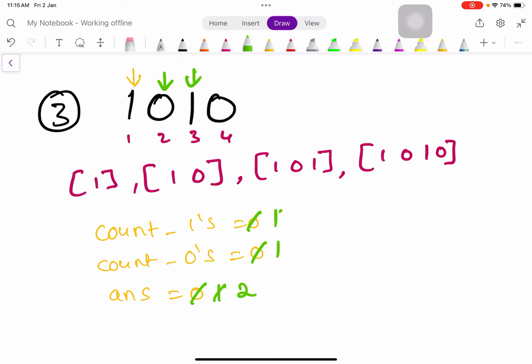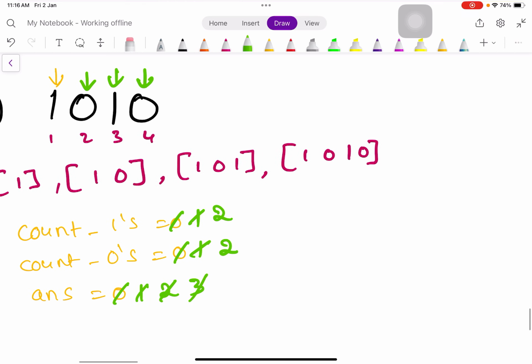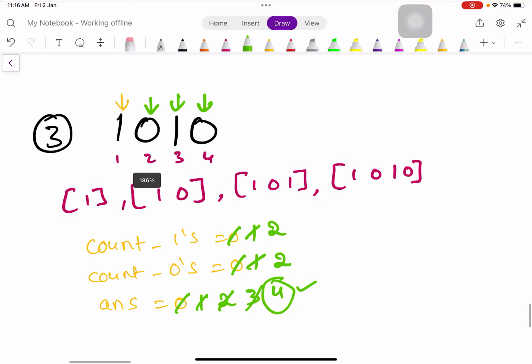Next 1 comes, the count of ones becomes 2. Is 2 greater than or equal to 1? Yes. The answer will become 3. At the next index, I will get 0. The count of zeros becomes 2. Is 2 greater than or equal to 2? Yes. My answer will become 4. At this point, my answer is 4. So what am I doing?